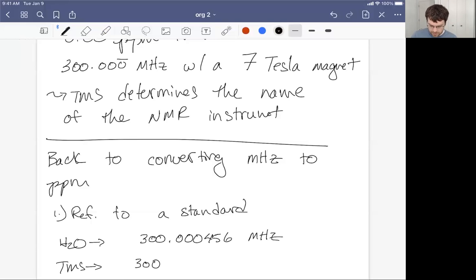Okay, so what we're going to do is we're going to subtract these from each other. Now, how many decimal points? What's the significance of TMS? Remember, we define TMS to be the 0 point or the absolute 300 point. So we can add as much significance and precision onto this measurement as we want to match the measurement that we're trying to reference.